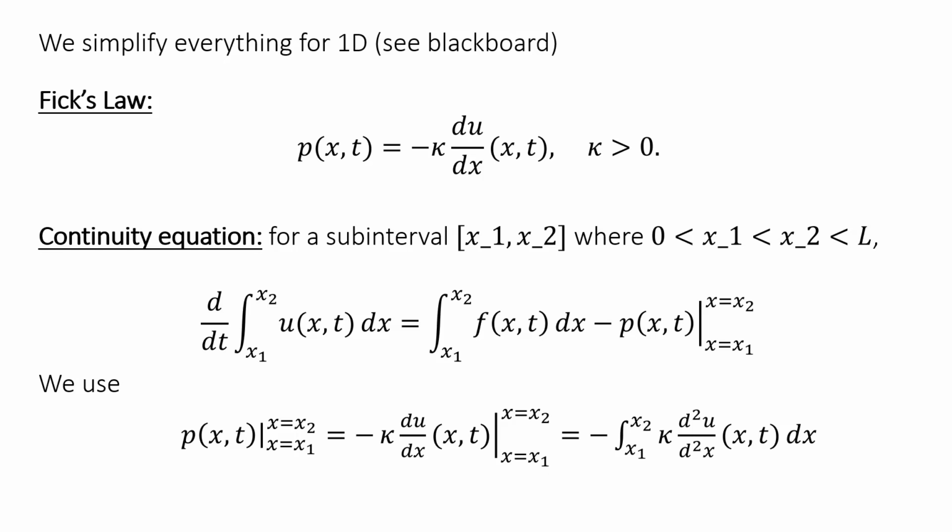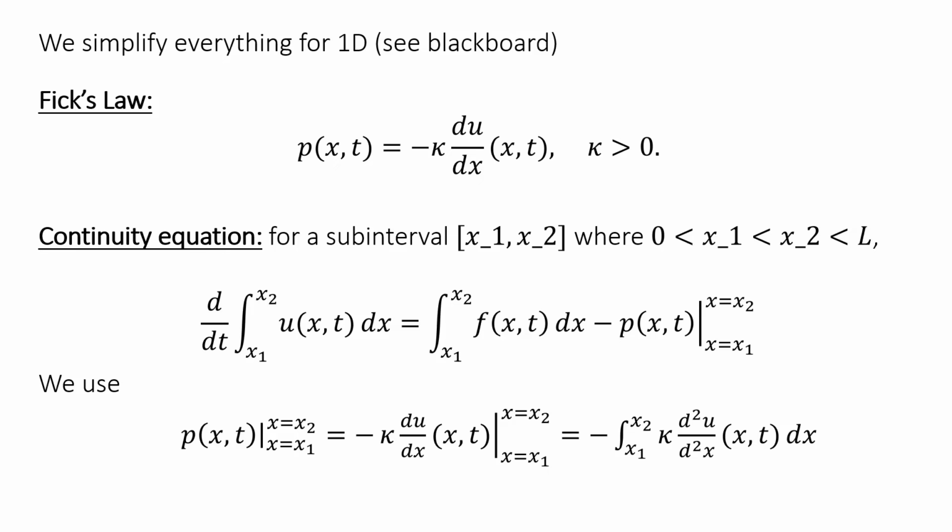That is the integral from x1 to x2 of f(x,t) dx. And then we've got the amount of heat leaving or entering the subinterval. That second influence on the right-hand side is described by P(x,t) evaluated at x equals x2 minus the value of the heat flow at x equals x1.